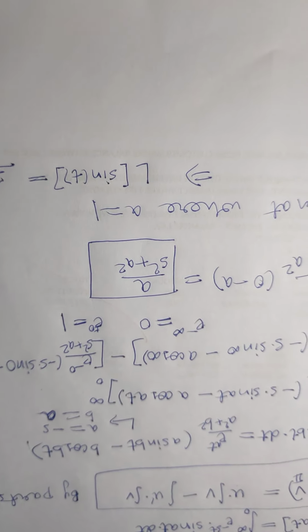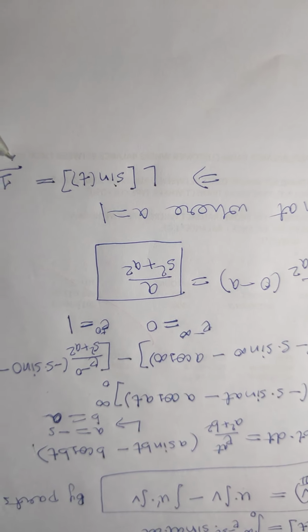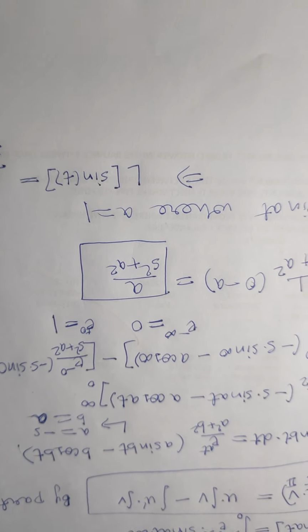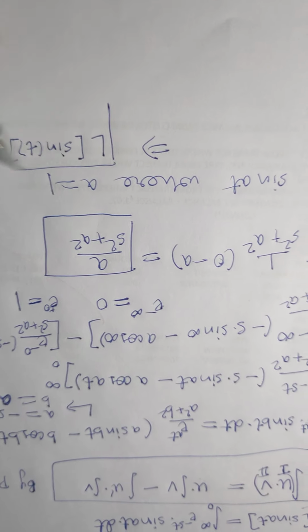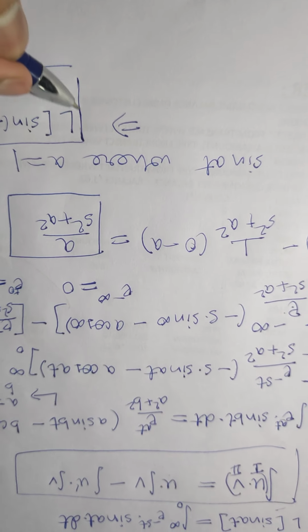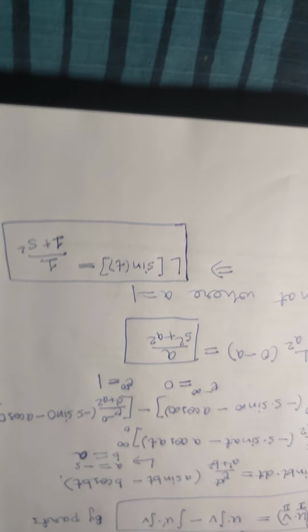So 1 upon 1 plus s square. And that, my friends, is what you have in the form of a conclusive result.